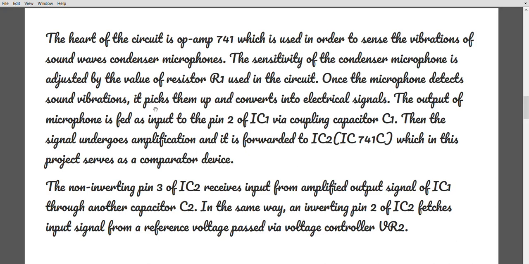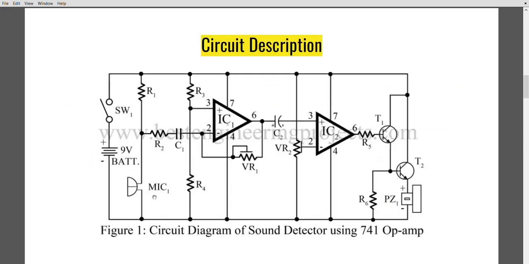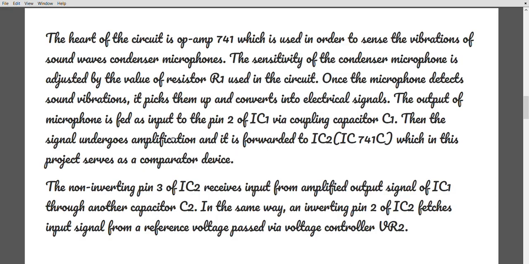Once the microphone detects the sound vibrations, it picks them up and converts them into electrical signals. Then the output of the microphone is fed into pin 2 of IC1 via coupling capacitor C1. So the mic is in here, the sound will be detected here, and after that it will be conducted through the capacitor.